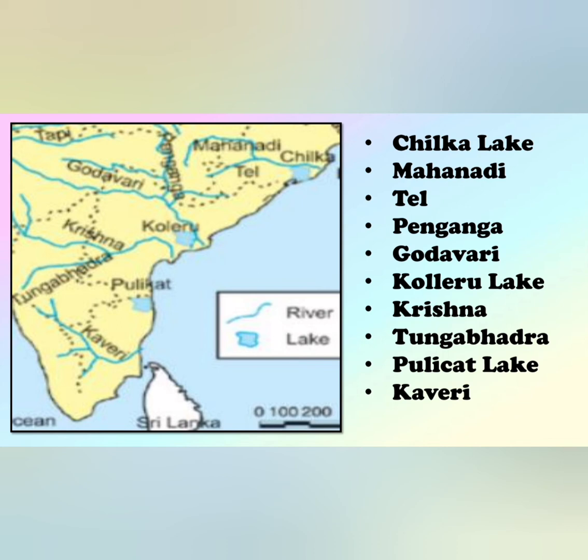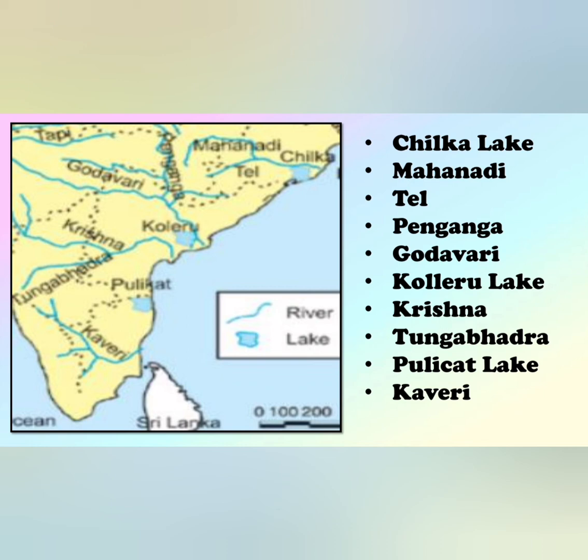Below Godavari there is the Koleru Lake. Then there is the Krishna river. Below Krishna we have the Tungabhadra river. Then we have the Pulicat Lake, and finally the river Kaveri. I hope this is clear to you.